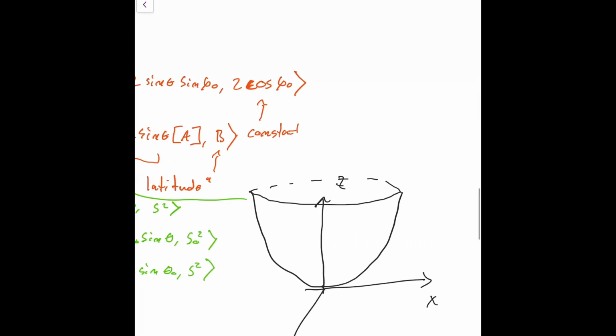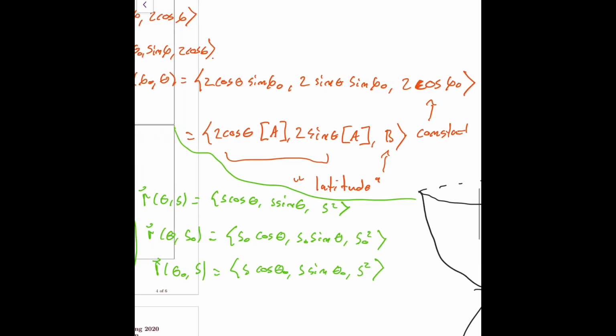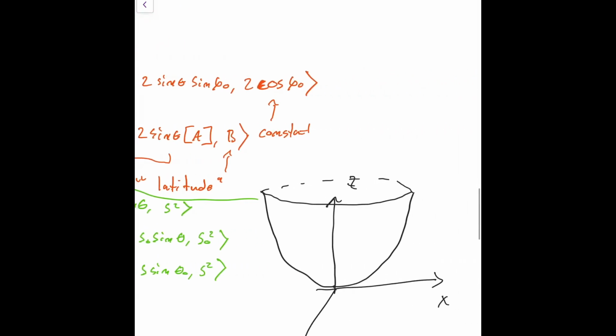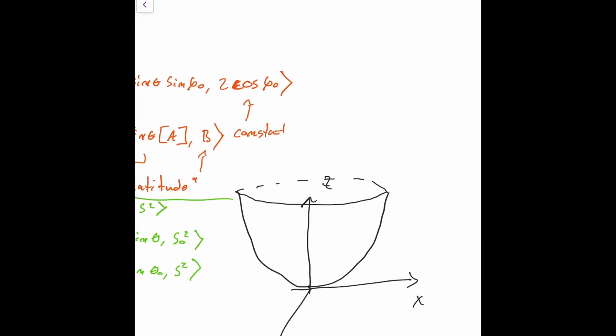And then if we hold s naught constant, that means we're going to hold the height constant at s naught squared. So what we're going to have is a circle of radius s naught centered at the point (0, 0, s naught squared). So this would be when s naught is fixed.